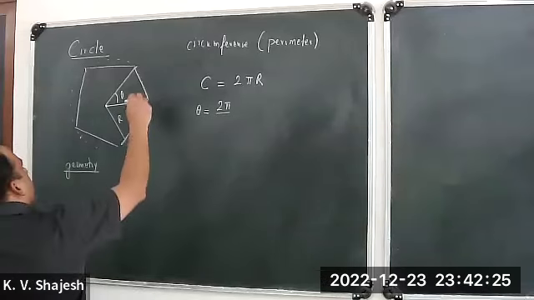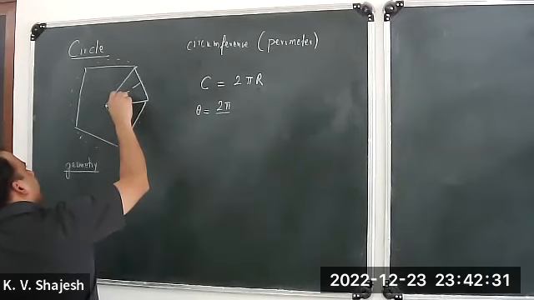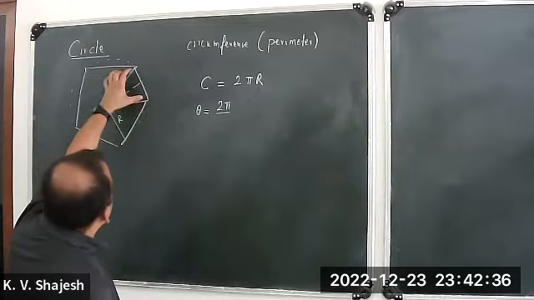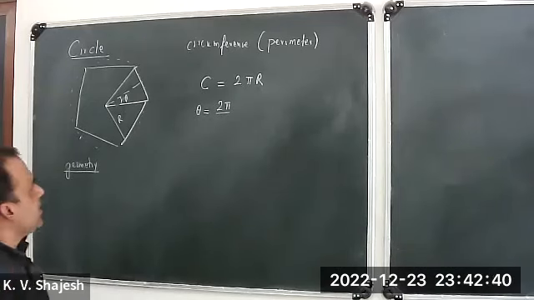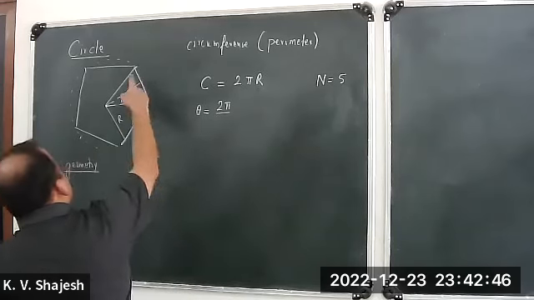But if I want to measure, let's say this is half of that, so that's the angle theta. I will measure this distance, multiply by 2, and then multiply by 5. So n will be equal to 5, let's say, if it's a pentagon. So it is 10 times that.